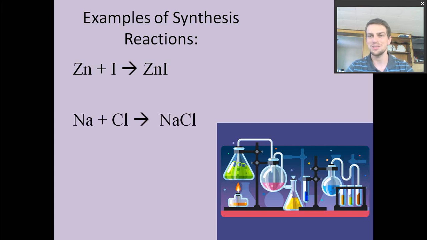Now, this is a good test of how you're doing on memorizing your different chemical symbols. Na is sodium, and Cl is chlorine. So Na plus Cl, sodium plus chlorine, gives you sodium chloride. Now, fun fact about this real quick before we go on. Sodium is a metal that is extremely reactive when it's in its raw sodium form.